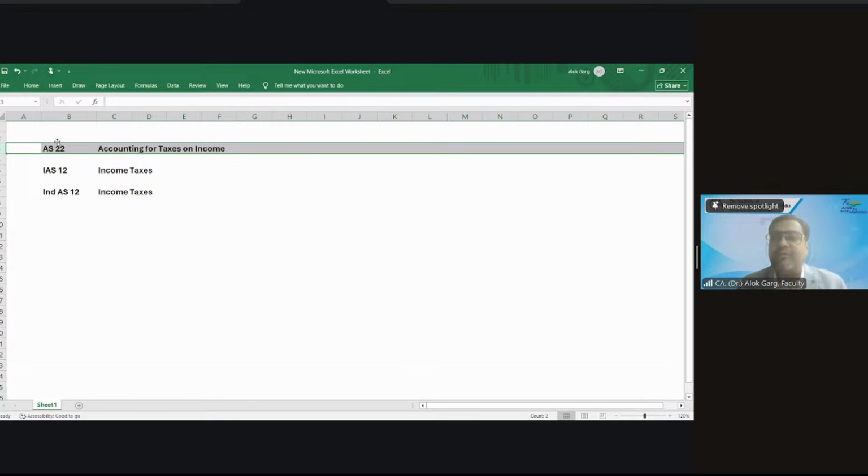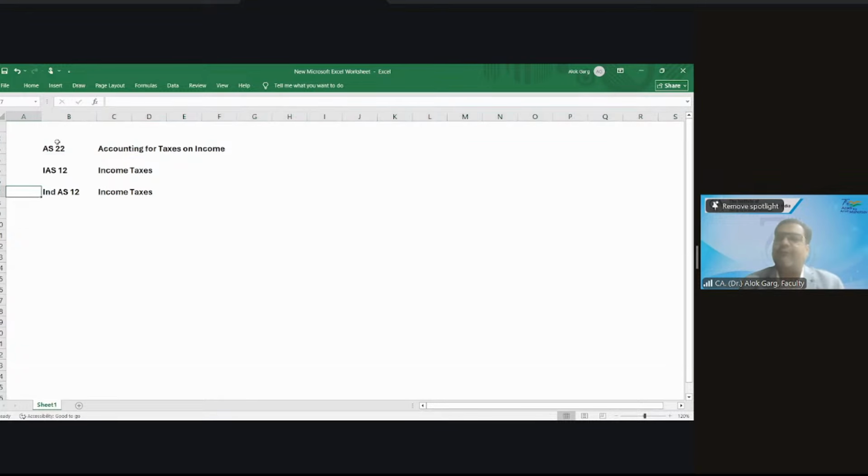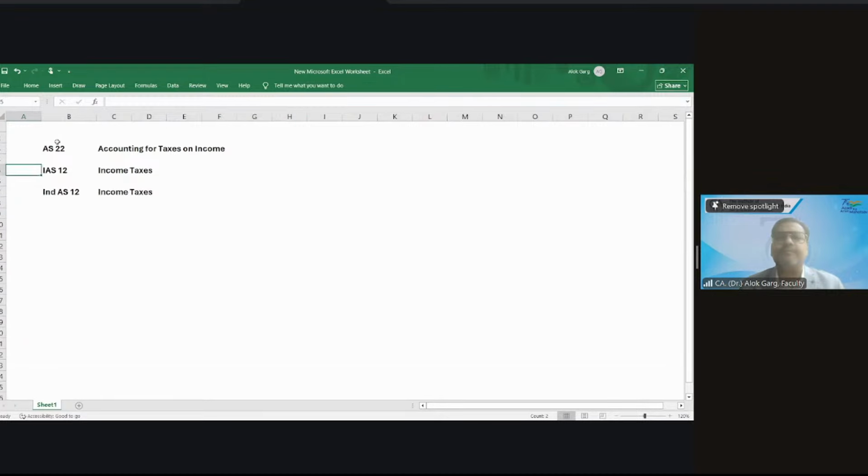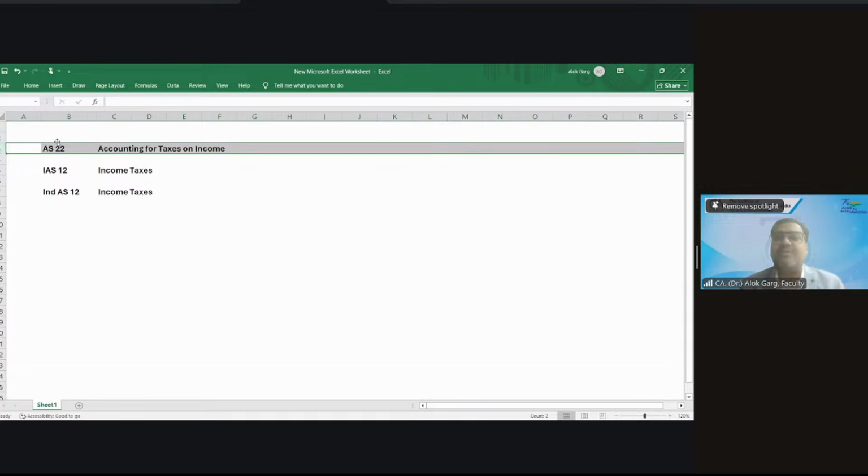The companies on which Ind AS is applicable, of course, Ind AS 12 is applicable for accounting for income taxes, right? And friends, the companies where Indian GAAP is applicable, accounting standards are applicable. AS 22 is the standard which talks about the accounting for taxes on income.